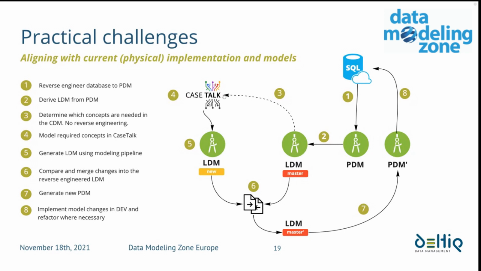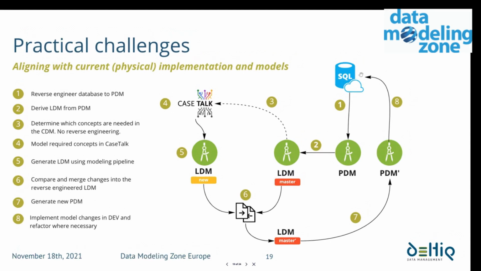Within ER Studio, we then decide which entities or which concepts need to be remodeled. We generate a new model for those particular changes. We compare and merge, and then we merge those changes into the physical model, and then apply that to the database.